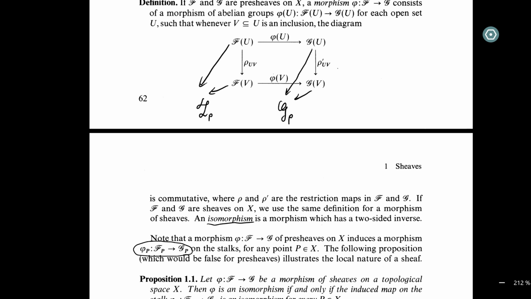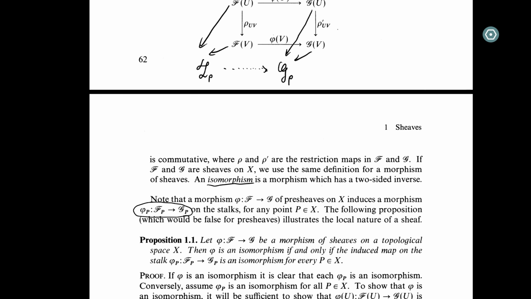So by the universal property of this direct limit, there must be a morphism mapping to this, okay?